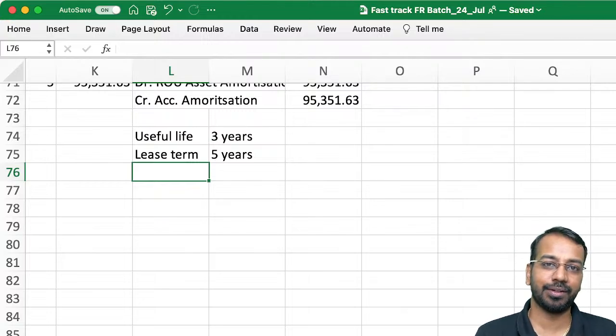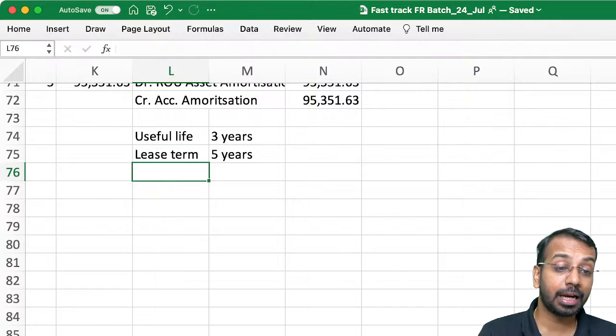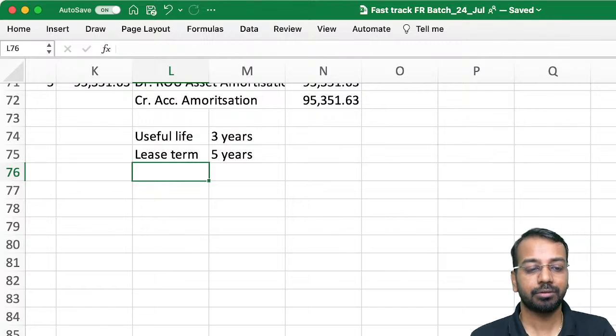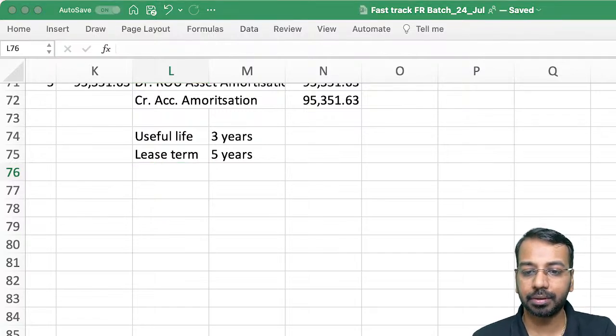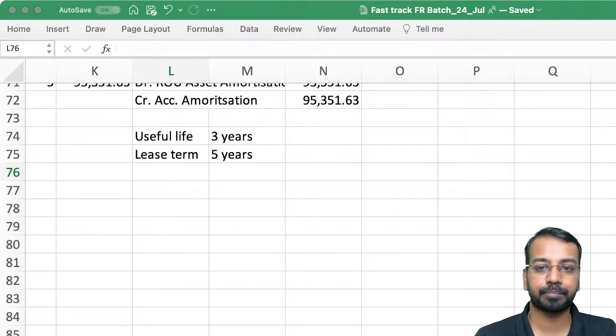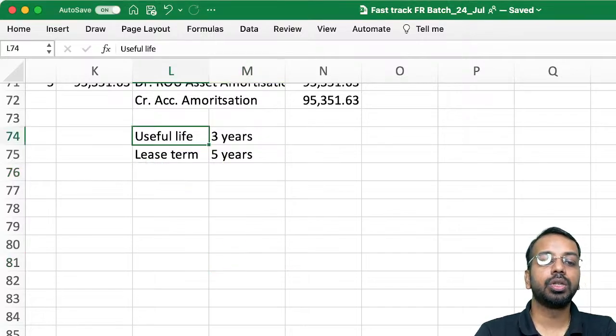So we have taken it for 5 years. Now, the useful life for me is only 3 years. The question here is, should we amortize it over a 3-year period or a 5-year period? That is the question. We will amortize over the useful life.